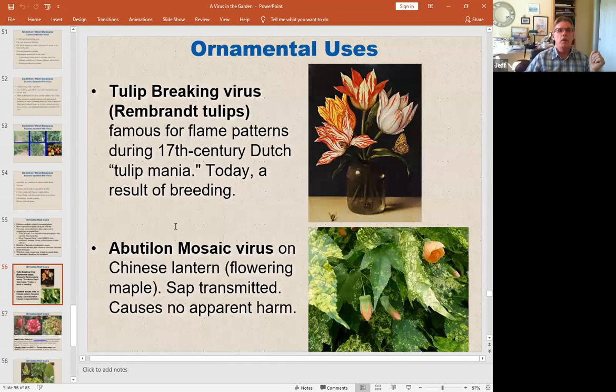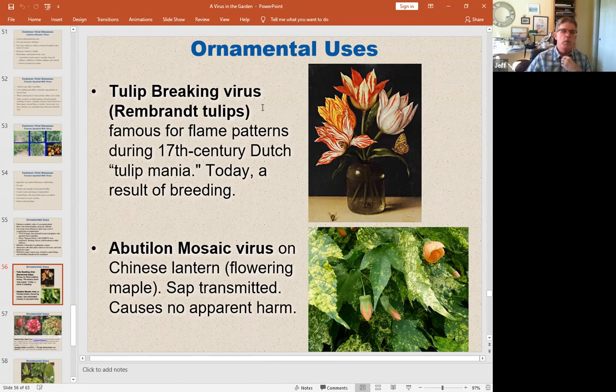So what do some of these ornamental things look like? It used to be that tulips back in the days of the 17th century, when the Dutch went nuts over tulips, there were tulips that had stripes and streaks and different colors. That was due to the tulip breaking virus. They're called Rembrandt tulips, although he never painted them.